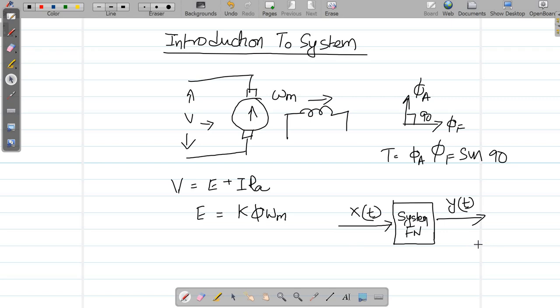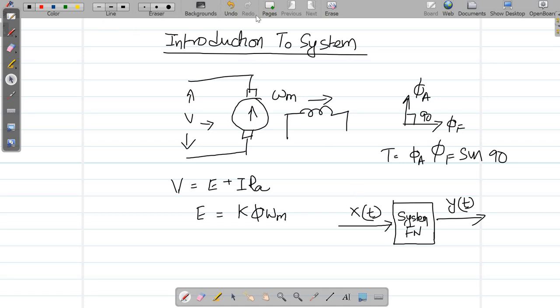Okay. So this is what a system is. A system is a mathematical model of a physical model which helps in transforming an input, which could be time varying, into an output which also could be a time varying quantity. So this in short is what a system means.